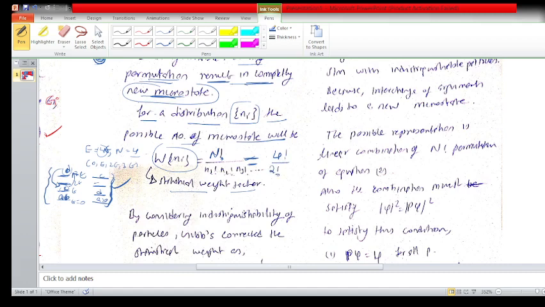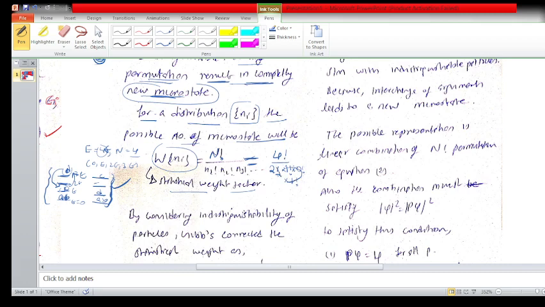So 2 factorial, multiplied by the second energy level, only 1 particle, so 1 factorial, and the third energy level, we have no particles, so 0 factorial, then 1 particle in the next level also, so 1 factorial. 0 factorial is also 1.